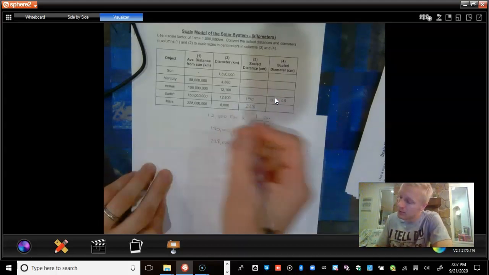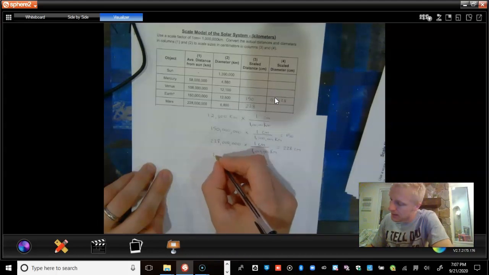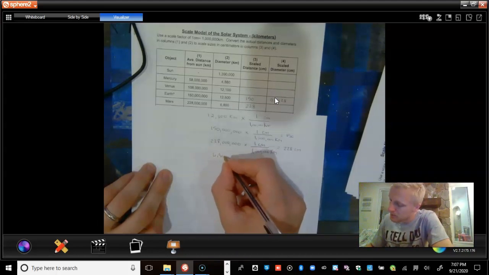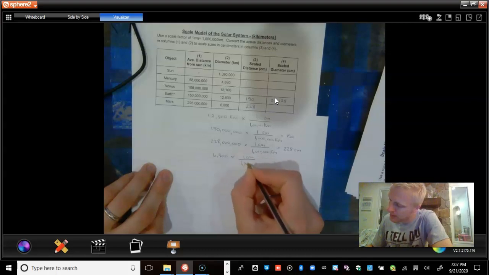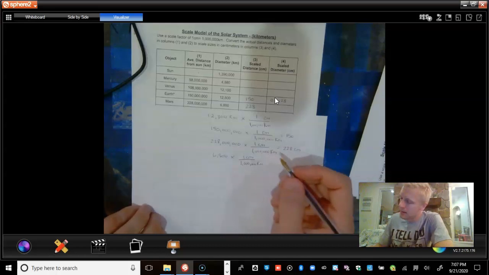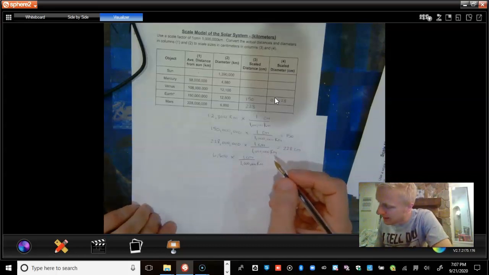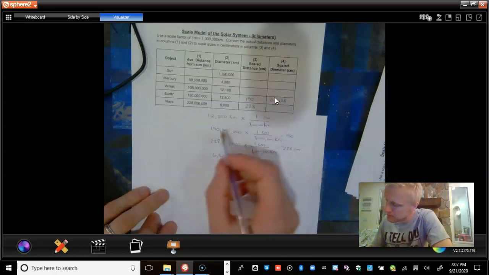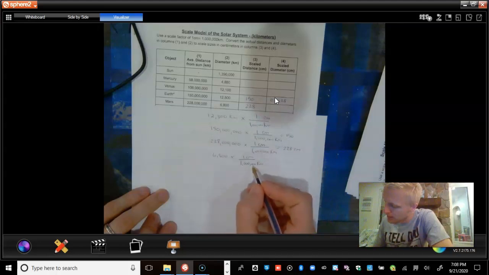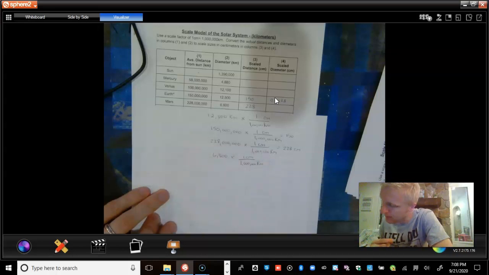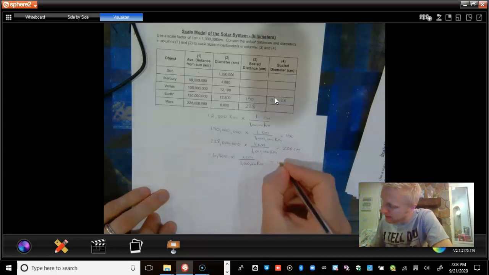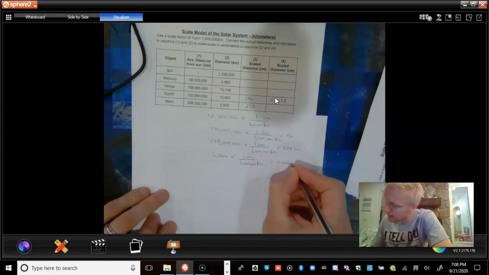All right, and then you'll do the diameter times 1 centimeter divided by 1,000,000 kilometers. And in this case, basically 6,800.